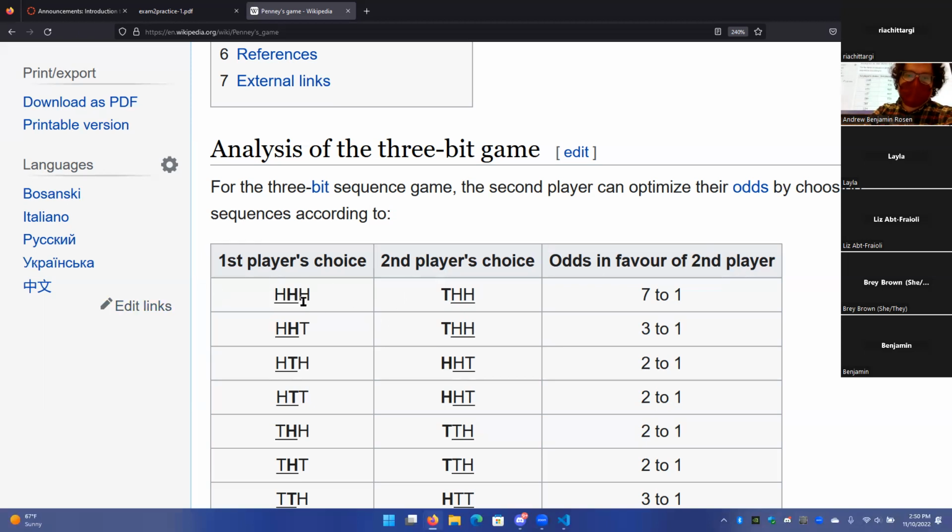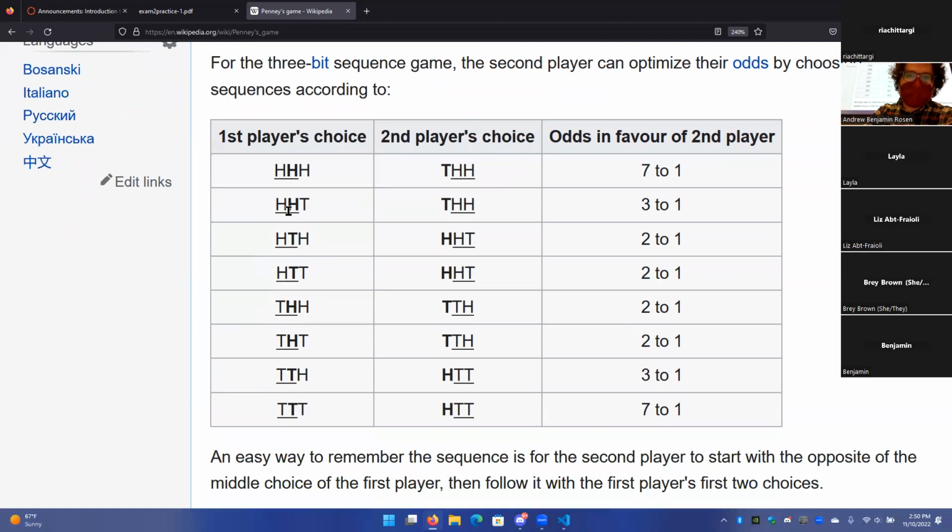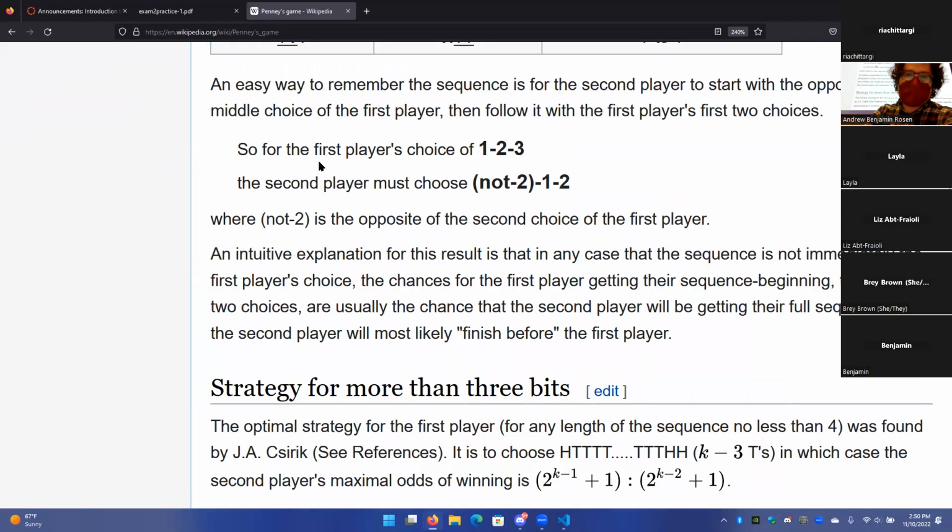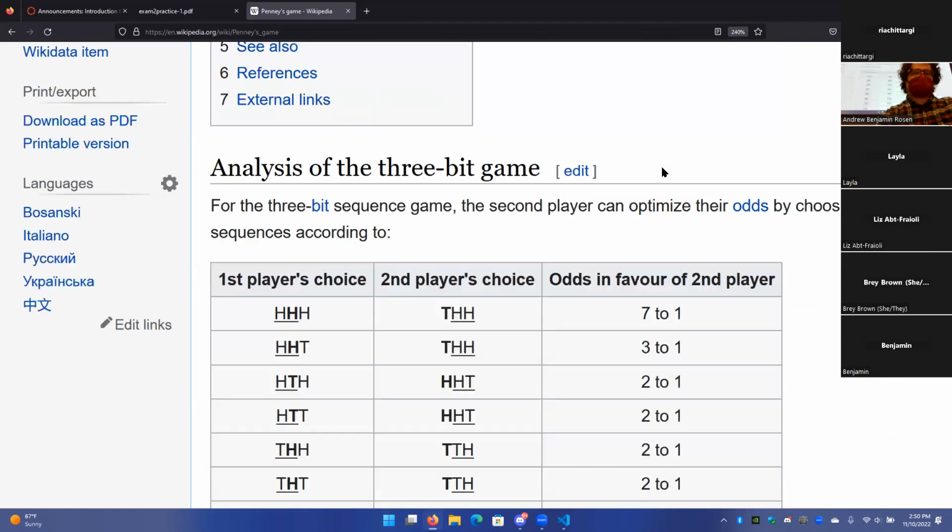For instance, head, tail, head contains the beginning of their sequence. The way the second player's choice is made is that, for first choice, second choice, third choice, you take the inverse of their second choice and then their first two choices.